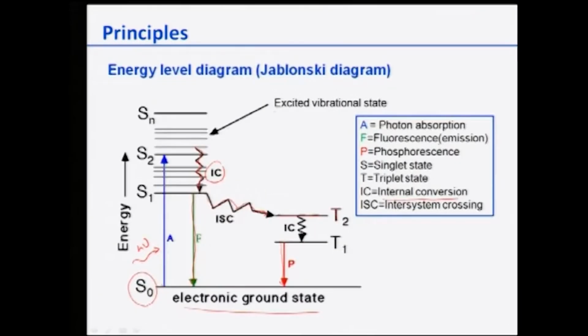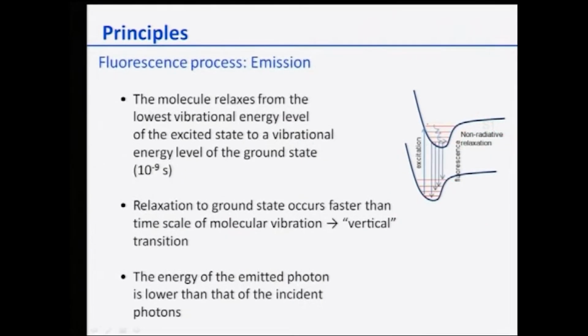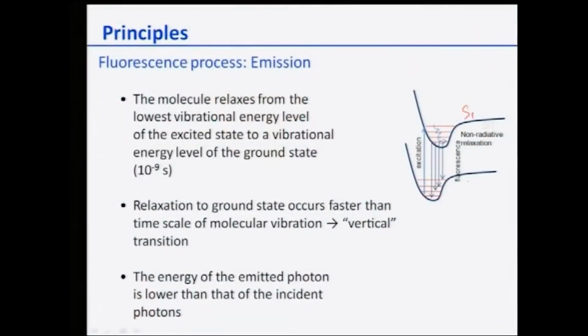As you can clearly see, this transition can be related to some extent to this. Well, once the electron, because of intermolecular collision, has come from high energy to within this S1, it can come from high energy to the lower vibrational states. These are all different vibrational states.